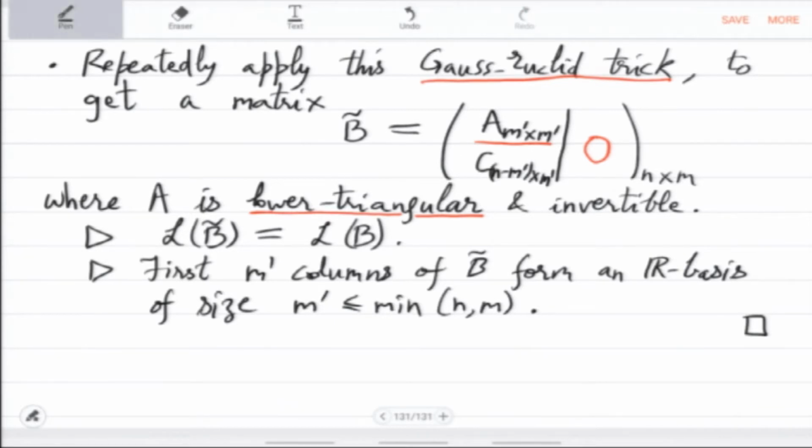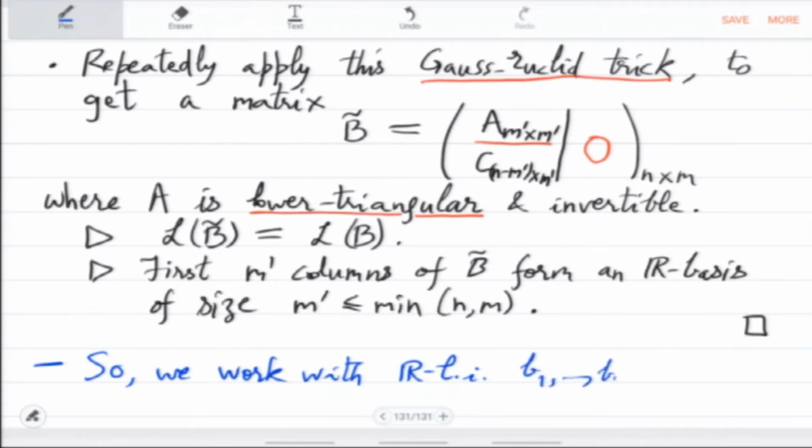So from now on, we work with R linearly independent vectors B1 to Bm in the ambient space Z to the n, and we are interested in the lattice generated by them and we want a short vector.